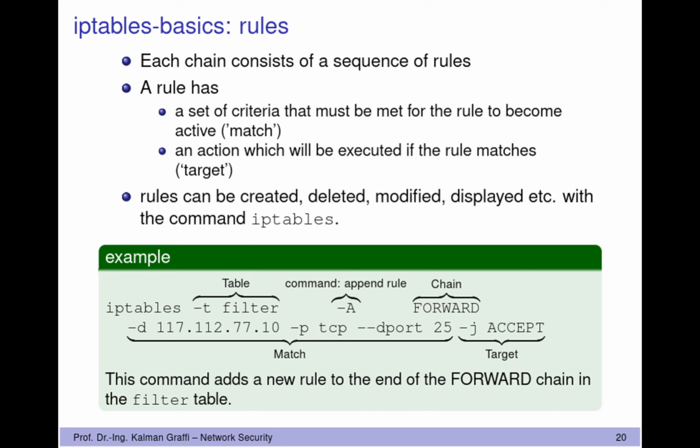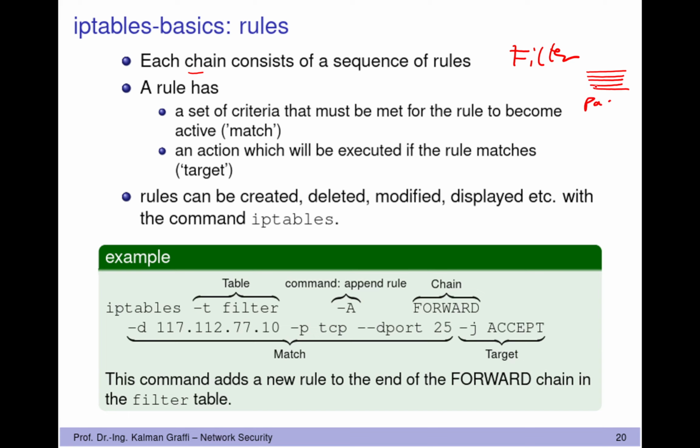So it's a chain, that means, let's say, this filter chain typically has a set of rules. These are all individual lines that are specified, and you can think of it as really some kind of filter where the packet comes in at the top, and it is compared layer by layer, line by line, and they all define criteria when a message should be passed, so when it should be delivered.